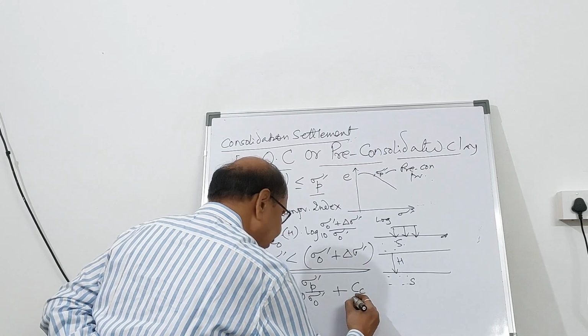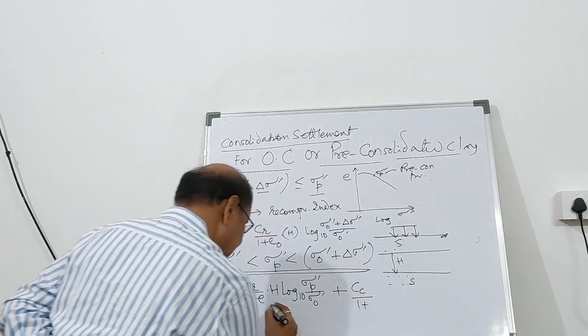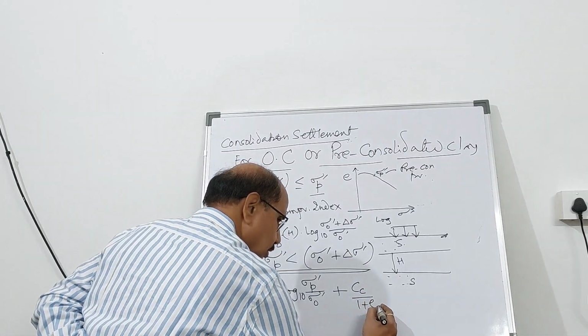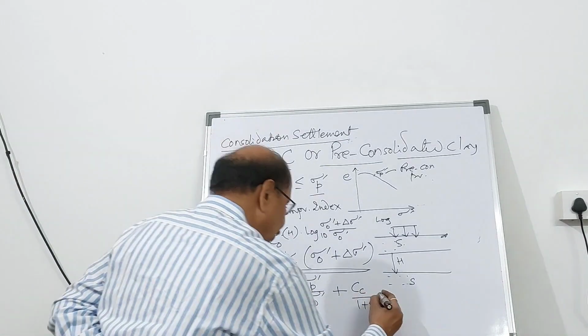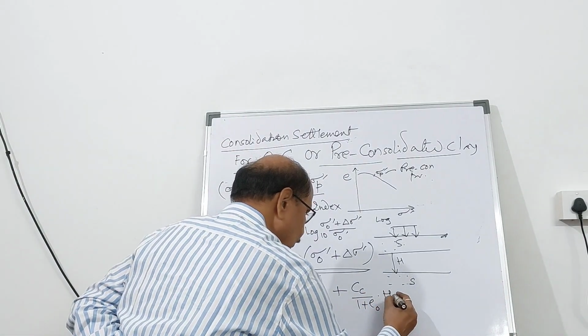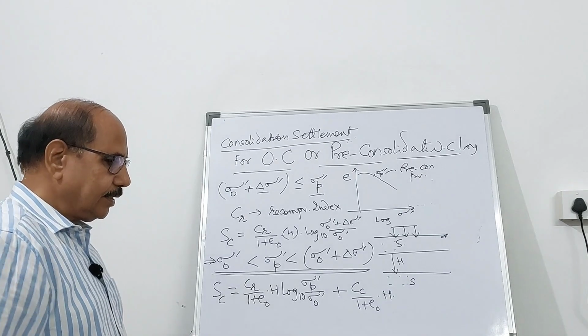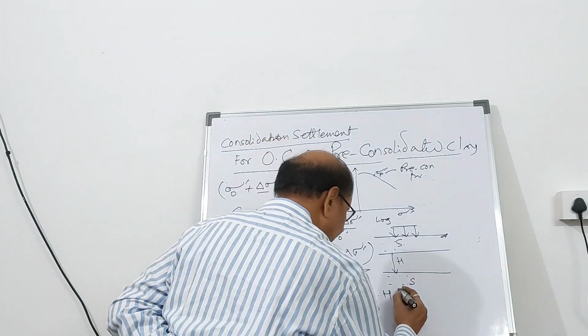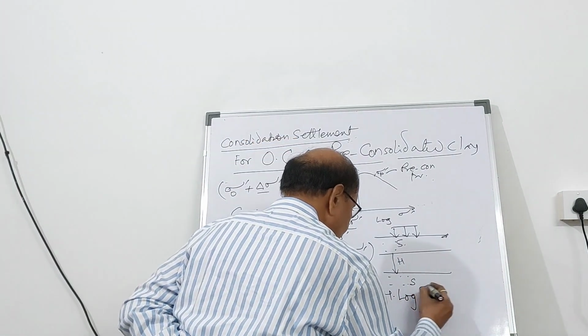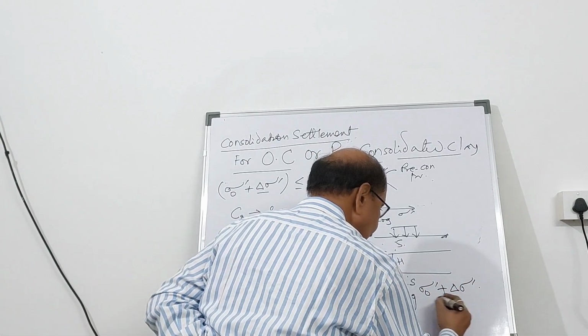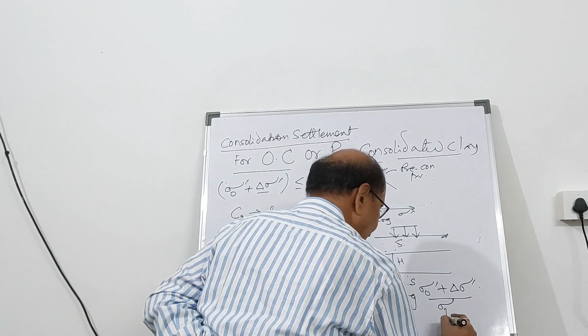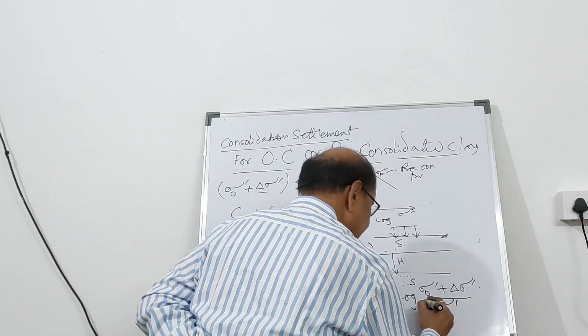So Cc divided by 1 plus e naught into H, multiplied by log of sigma naught prime plus delta sigma prime divided by sigma p prime, to the base 10.